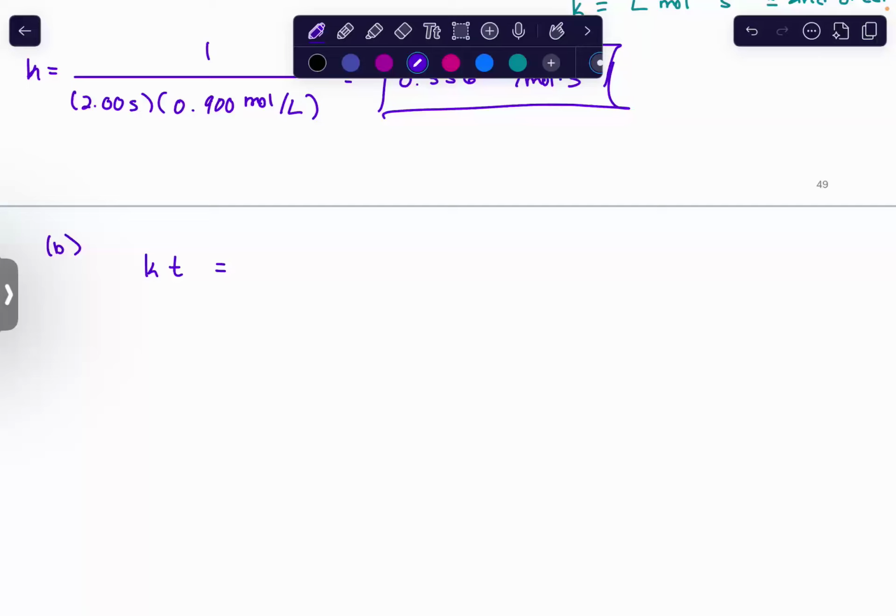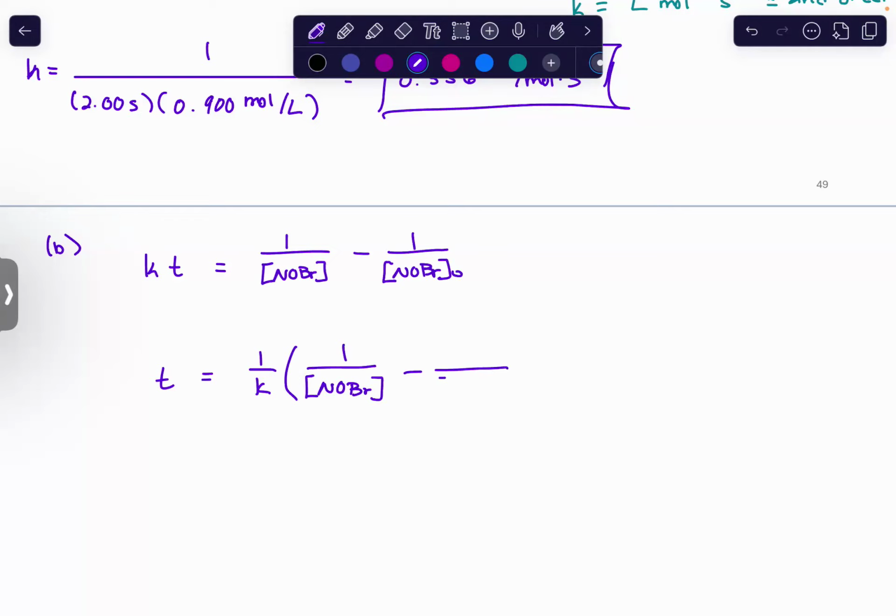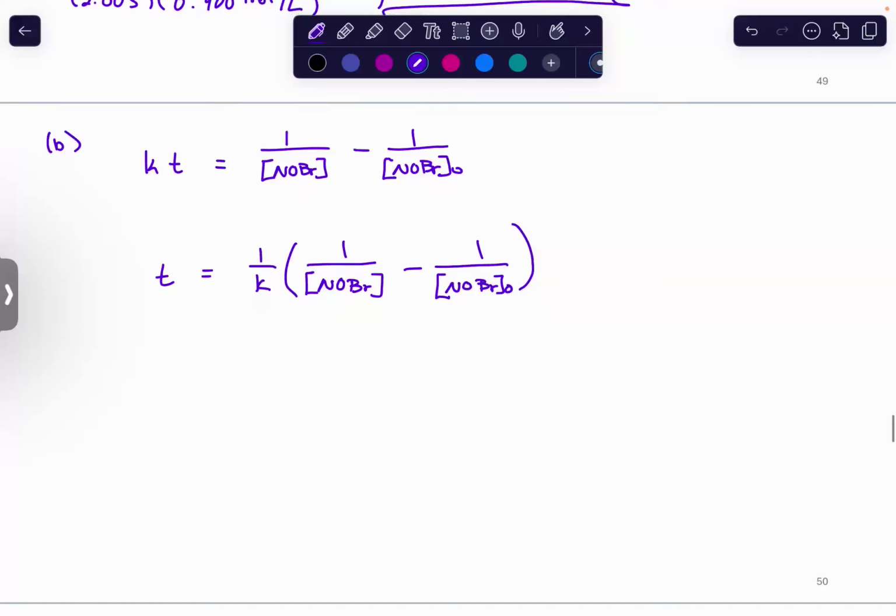KT is, so how much time? Well, I'm just going to do 1 over K times all of this. And so then your K is the 0.556 that you just solved for.